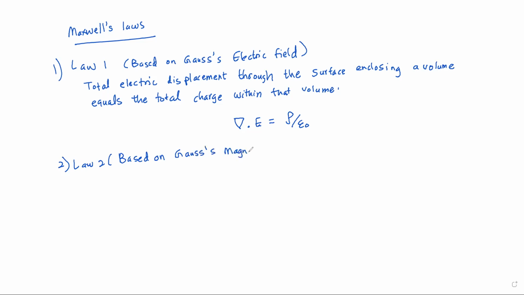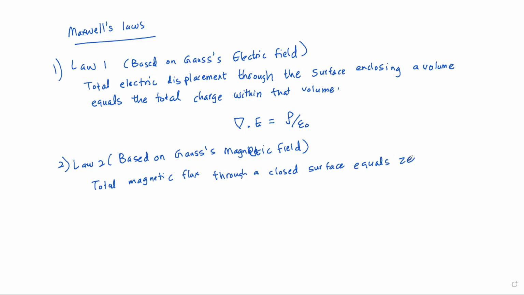The total magnetic flux coming through a closed surface is equal to 0. So the divergence of B equals 0.